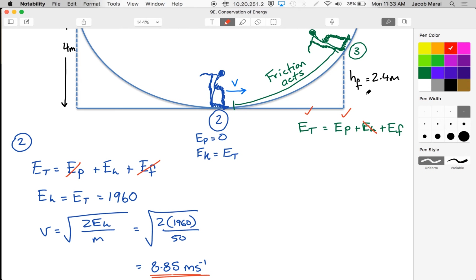He's now got something. The difference is how much he has lost. But again, you can't just do it in your head. You can't just write the answer down. You've got to show your working. So we're going to say E final equals the total energy, subtract what it's not. That's 1960 minus mgh.